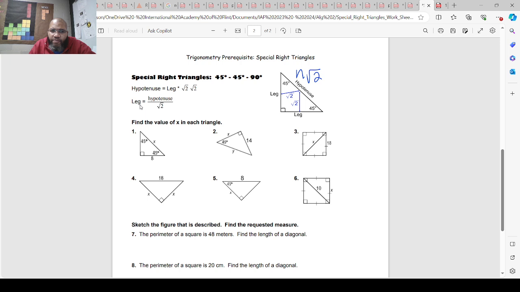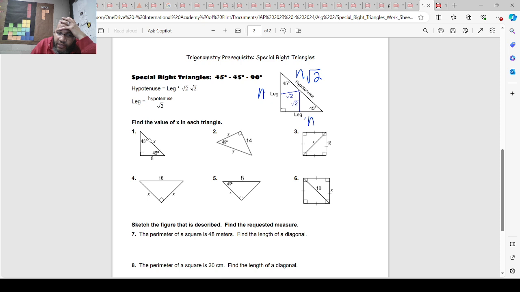Well, the leg equals the hypotenuse divided by the square root of 2. Yeah. So that's going to be my pattern: n, and n times the square root of 2.